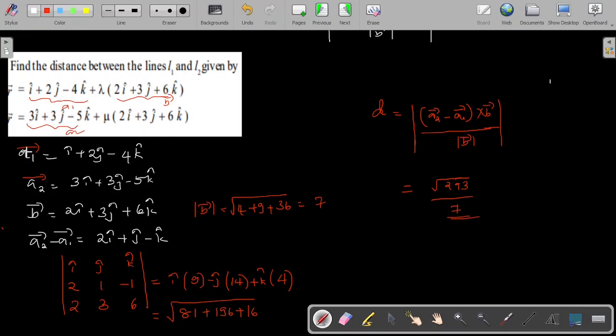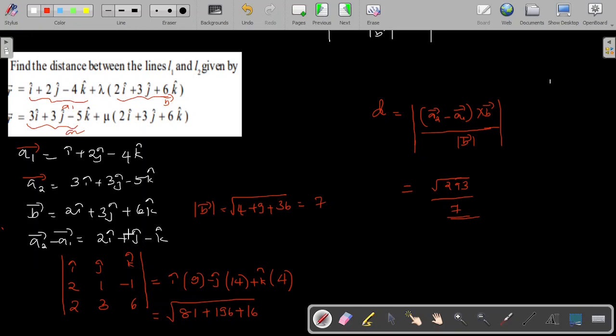Now find A2 vector minus A1 vector, which is 3i cap minus i cap, 2i cap, then 3j cap minus 2j cap plus j cap, minus 5k cap plus 4k cap minus k cap. That is the A2 minus A1 vector. The B vector is 2i cap plus 3j cap plus 6k cap.